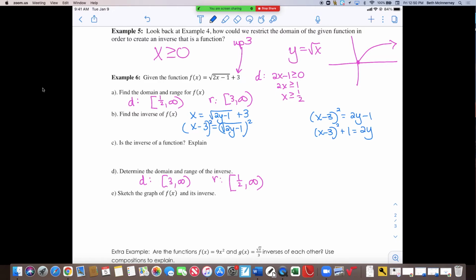And then what's my very last step? Divide by 2. So this is going to be a sort of ugly looking inverse. So I'm going to say f inverse of x is that big, huge, ugly thing.